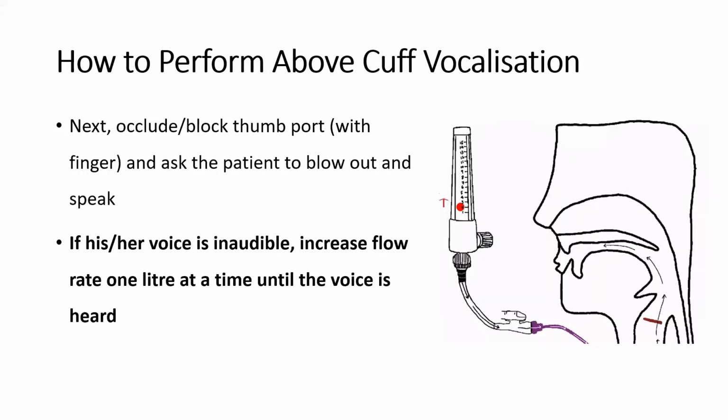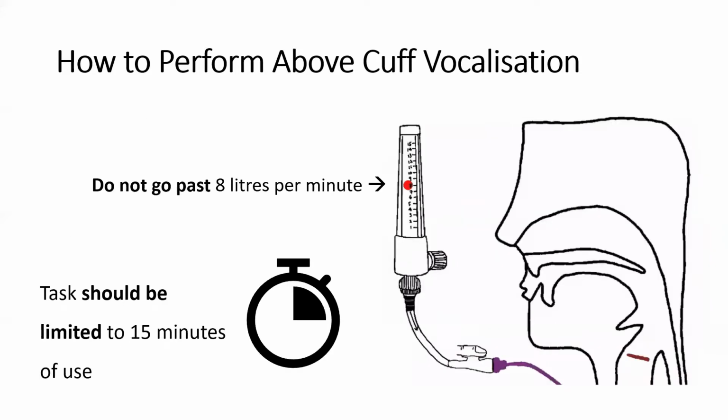If his or her voice is inaudible, increase flow rate 1 liter at a time until the voice is heard. Do not go past 8 liters per minute. The task should be limited to 15 minutes of use.